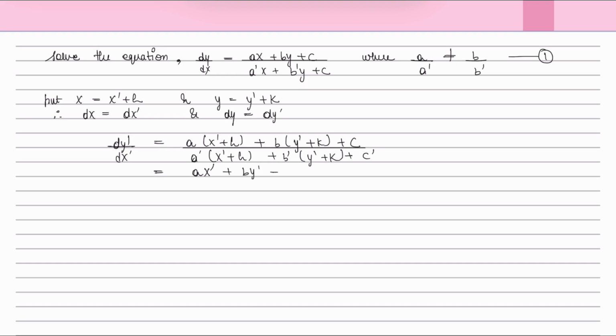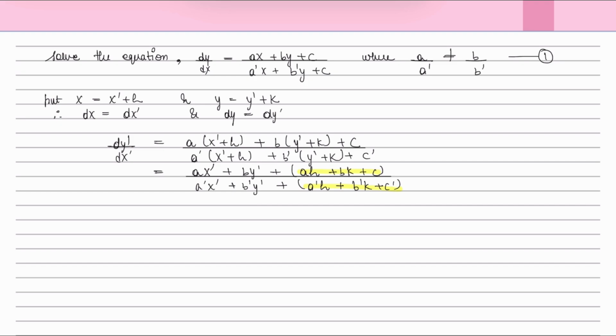The rest of the terms are constants and we can combine them as a into h plus b into k plus c, whole divided by a dash into x dash plus b dash into y dash plus a dash into h plus b dash into k plus c dash. And then we will put these two constant terms equal to 0.